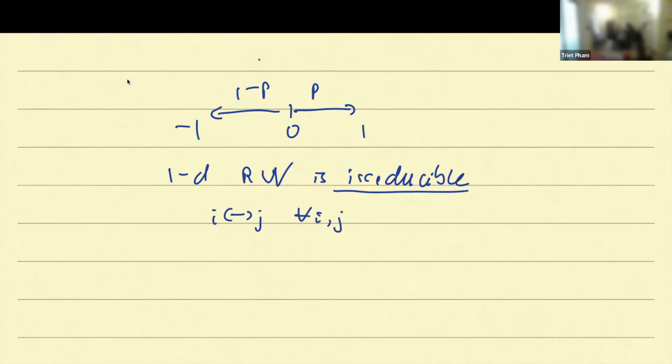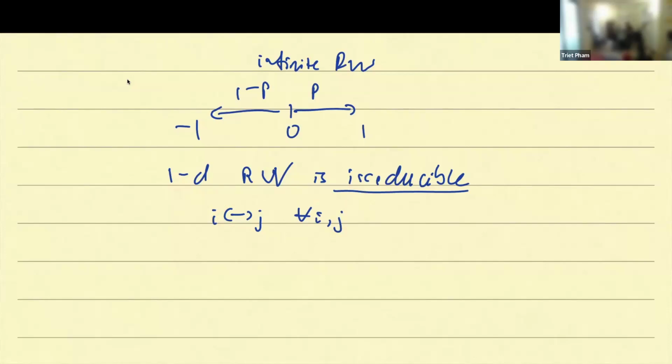Let's just look at the infinite random walk first. The gambler's ruin is almost true, except for the absorbing states. So is this clear that for a random walk, all states communicate with all other states, that you can always go from one state to another?